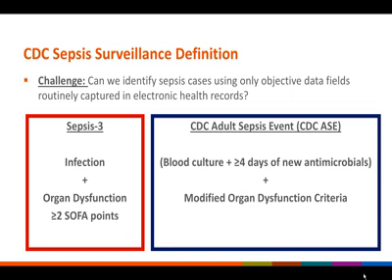Thus, we define the presence of presumed infection as whether the patient had a blood culture obtained and at least 4 days of new antimicrobials administered. We then reviewed the SOFA criteria for organ dysfunction and modified them to create organ dysfunction criteria that could be captured consistently across a wide variety of electronic health record systems.